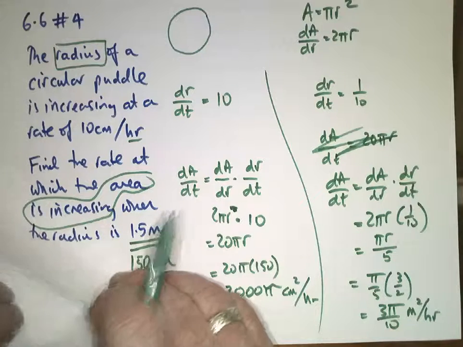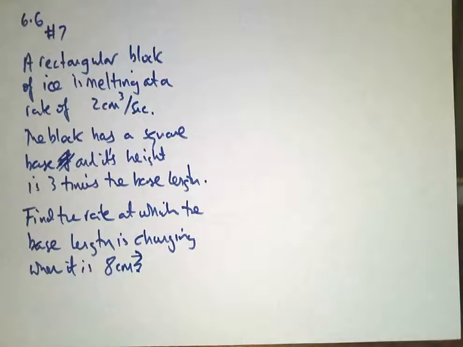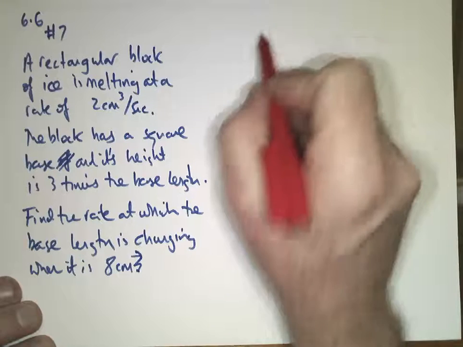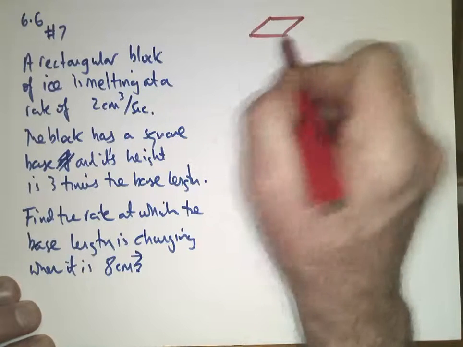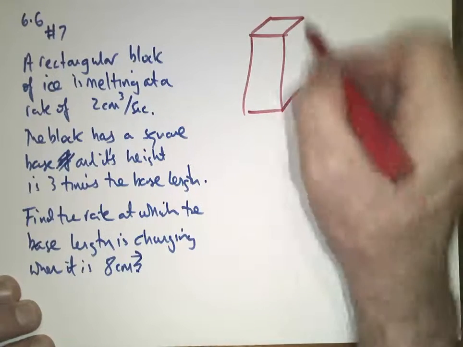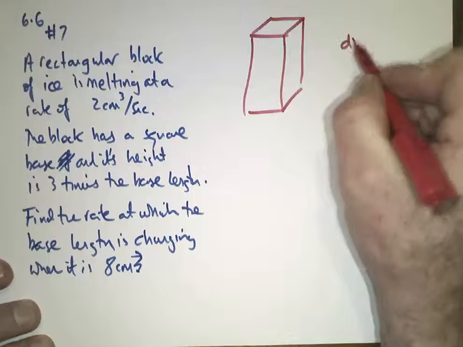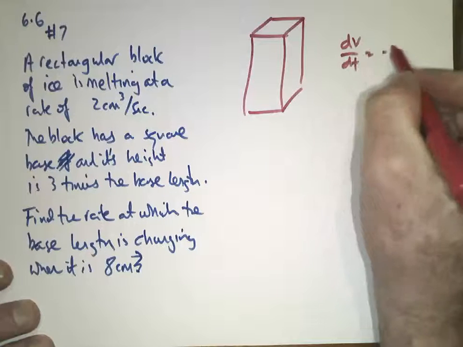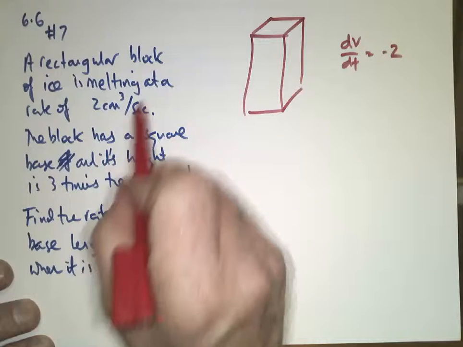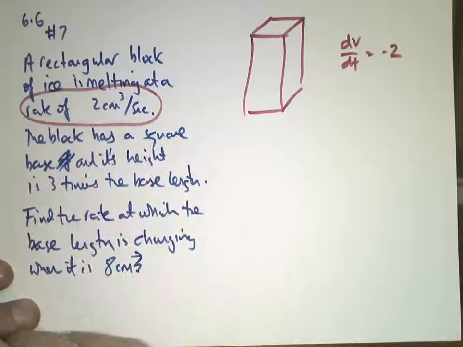And looking at question number 7, a rectangular block of ice is melting at a rate of 2 cubic centimeters per second. So I have a rectangular block of ice, and it's melting, so dV/dt is -2 because it is melting at a rate of 2 cubic centimeters per second.